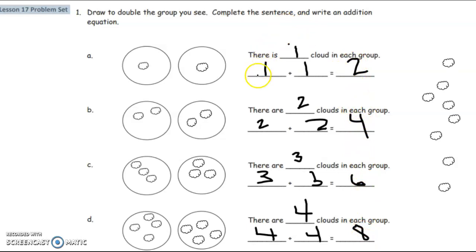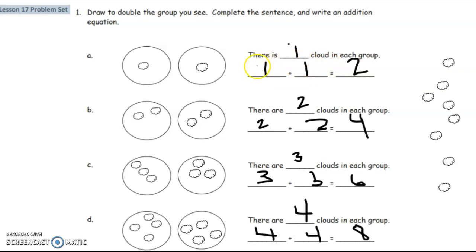Well, let's take a look at the add-ins and let's try to find a rule. 1 plus 1 is 2. 2 plus 2 is 4. 3 plus 3 is 6. 4 plus 4 is 8. Hey, wait a minute. I noticed something. These numbers are doubles.